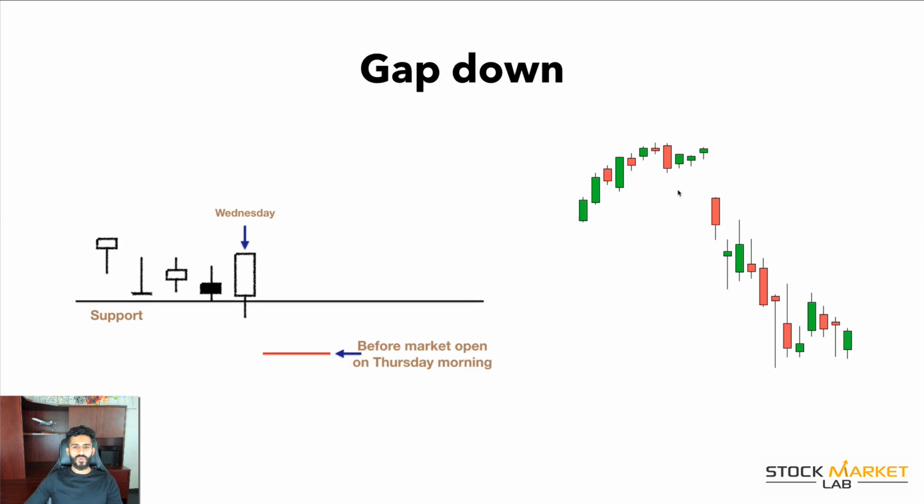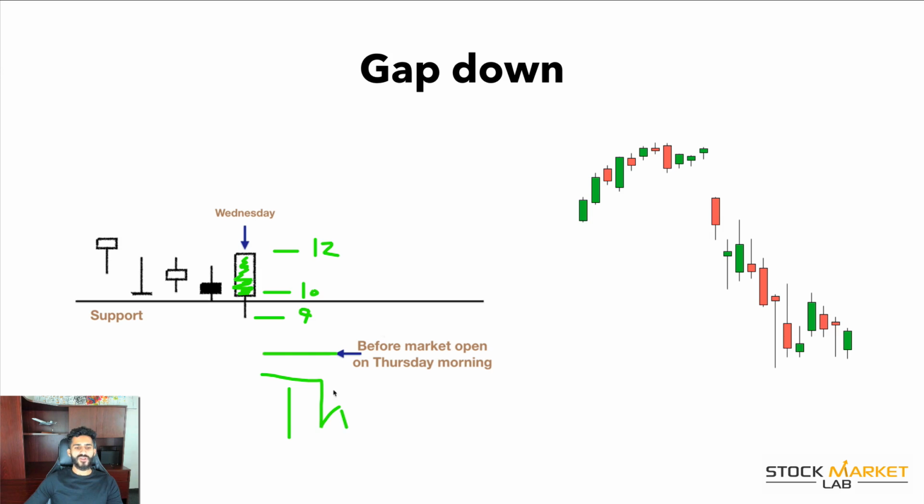A gap down would be the opposite. Let's say Wednesday is a green candle as well. The stock opened at 10 and closed at 12. Remember, this wick represents the lowest point, that's $9, let's say. The next day, Thursday, what number do you think the stock would have to open below for it to gap down?